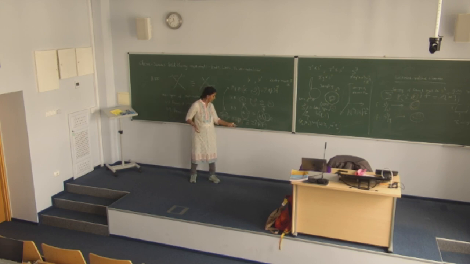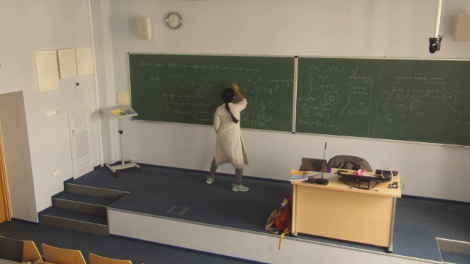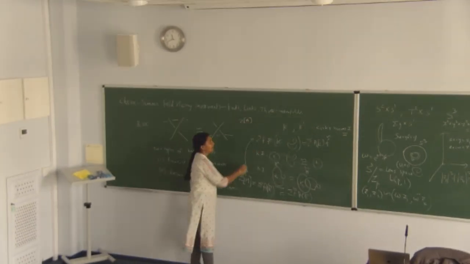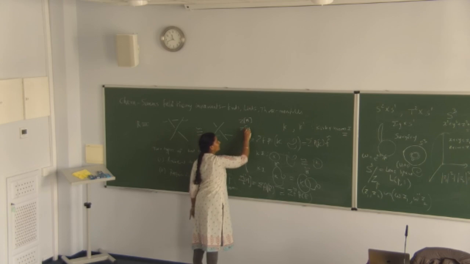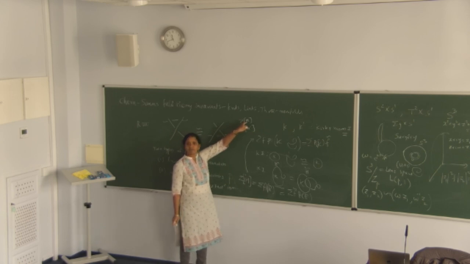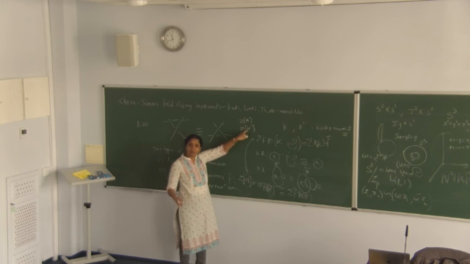It's not clear whether Z of M I find, and Z of M prime, this one done from surgery of a knot or a link, and this done by surgery of another knot or a link which is not related by Kirby move 1 or 2.